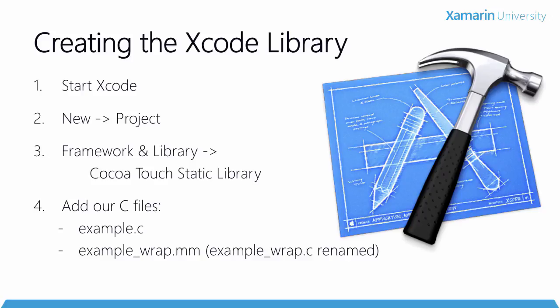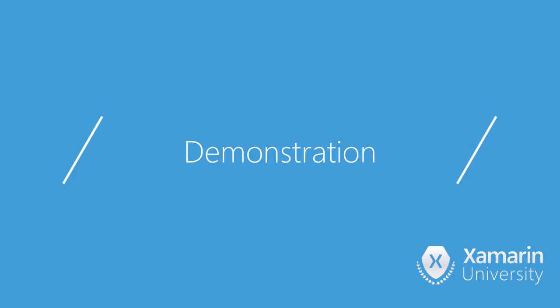The mm extension indicates that we are working with a C++ compilation unit in this file, and the Objective-C compiler should treat it as such. Right, so let's switch to our demo and see how we're going to complete the rest of this compilation, because there's one or two steps that we're going to add in the build process as well.